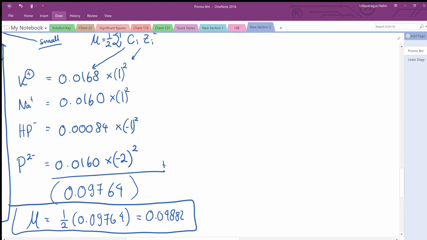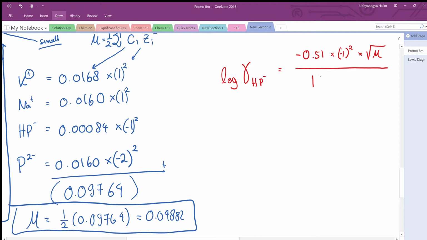So the equation again is log of the activity coefficient of HP minus, which is equal to negative 0.51 times the charge z to the power of 2, which is negative 1 to the power of 2, times the square root of mu divided by 1 plus alpha, the atomic size, which is 600 picometer.